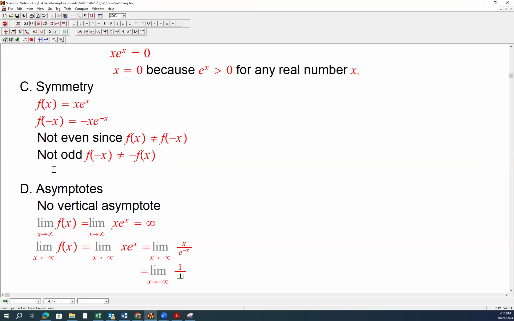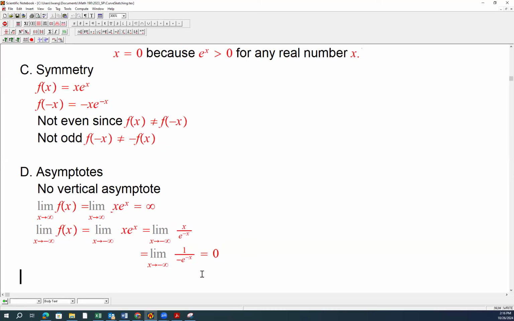We are getting negative e to the power of negative x. Okay, and when x approaches negative infinity, the numerator is finite, the denominator approaches infinity, so the limit is going to be 0.